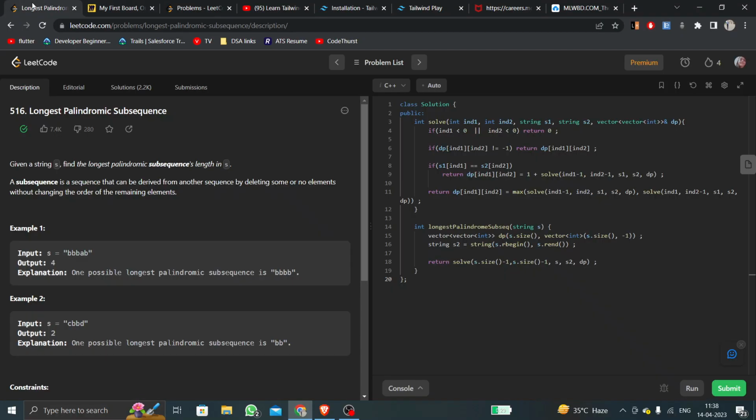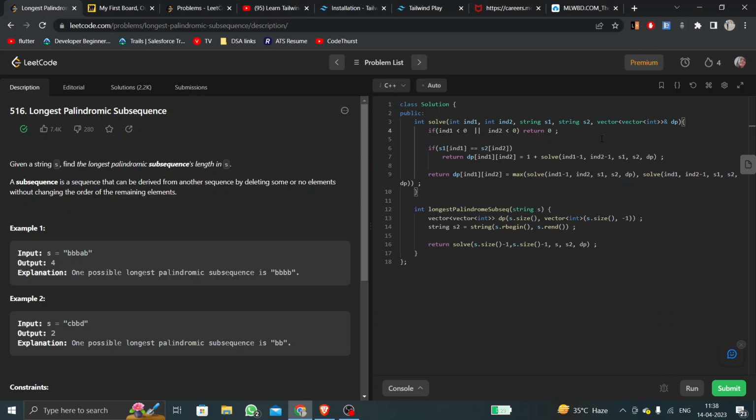Okay. So here I have written the memoized code. I just want you to understand the recursion first.